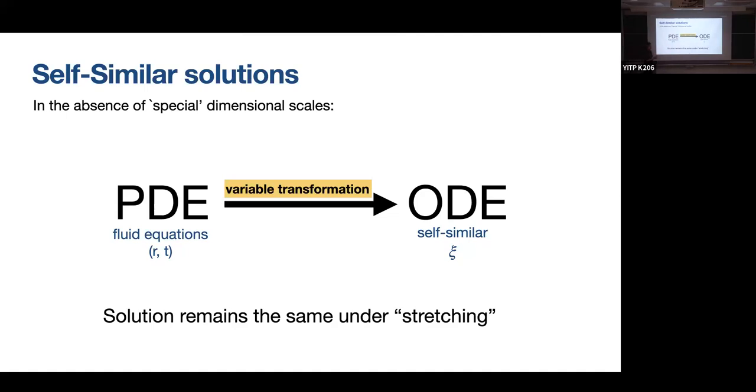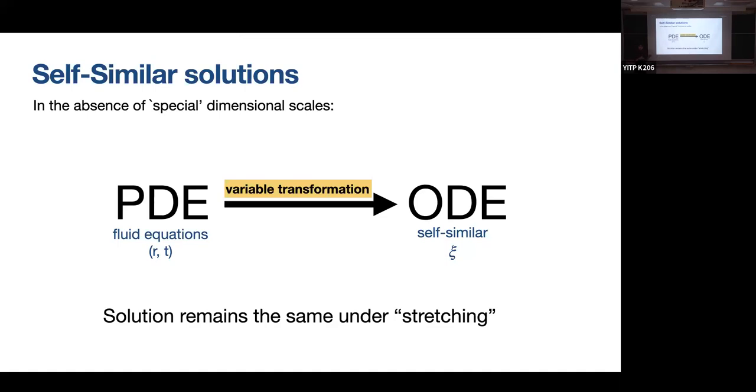So it gives us great mathematical simplicity in the problem. It also gives us some intuition about how the system behaves at late times where there are no special dimensional scales. What this means is that if we can find a correct variable transformation that gives us a self-similar solution, the solution looks the same under stretching.